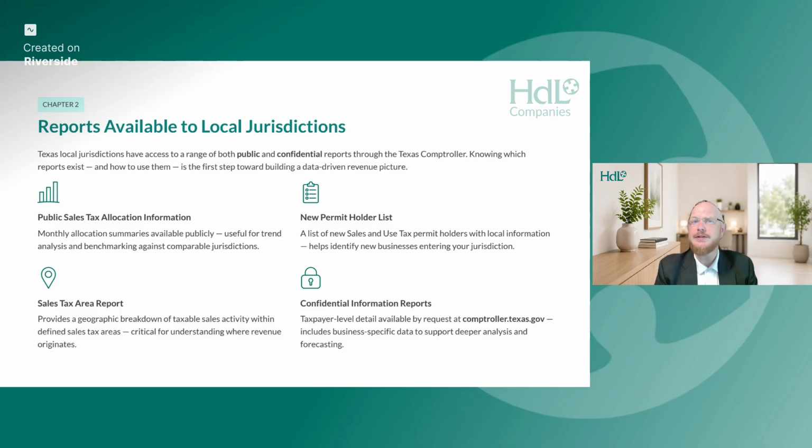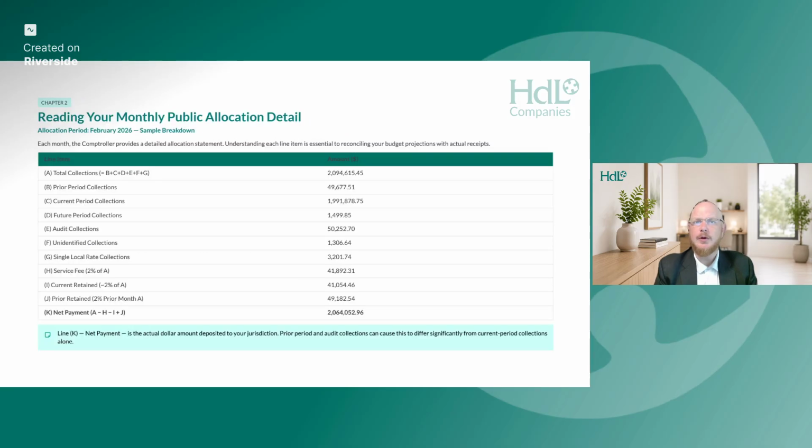So you must provide a list of businesses and you will get back an aggregate total as opposed to a taxpayer level detail. And then finally, we'll spend time talking about the confidential information reports, which is the only way for a local jurisdiction to get to that taxpayer level detail to really see which businesses specifically are driving their sales tax base.